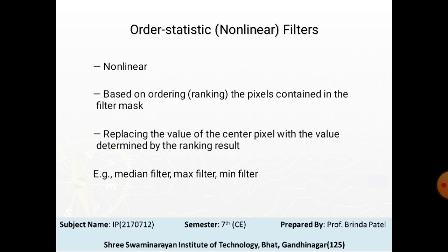In order to perform median filtering at a point in an image, we first sort the values of the pixels in the neighborhood, determine their median and assign that value to the corresponding pixel in the filtered image. For example, in a 3 cross 3 neighborhood, the median is the fifth largest value, in a 5 cross 5 neighborhood it is the 13th largest value, and so on. When several values in a neighborhood are the same, all equal values are grouped.